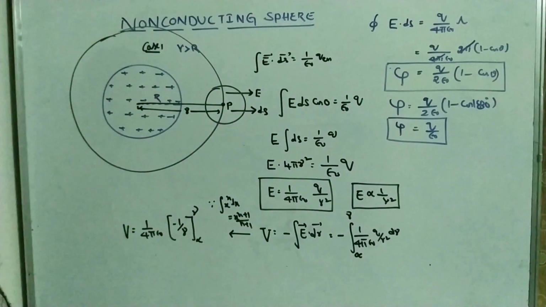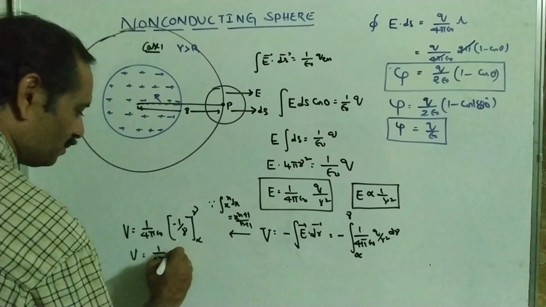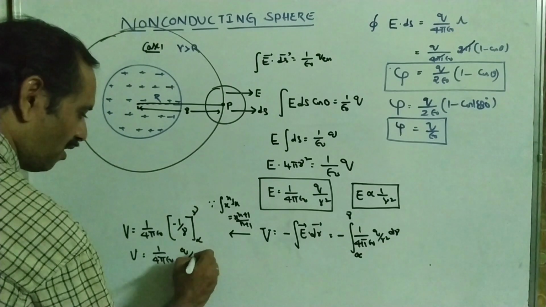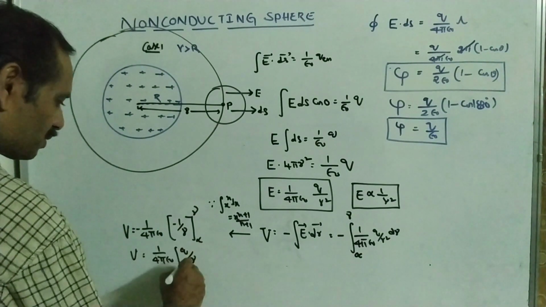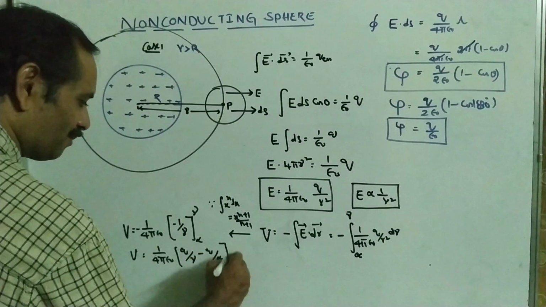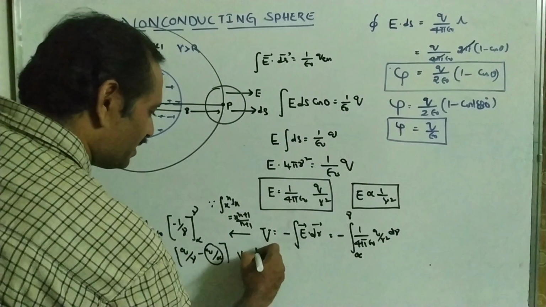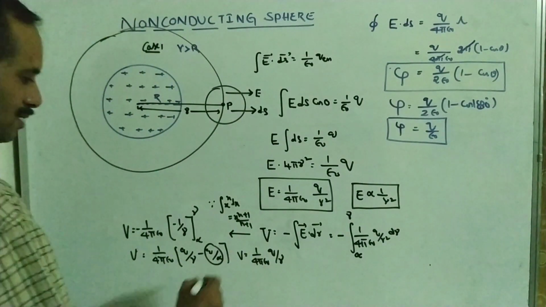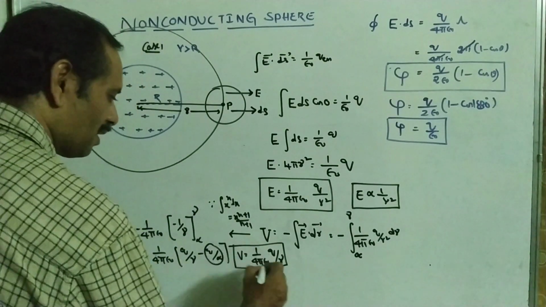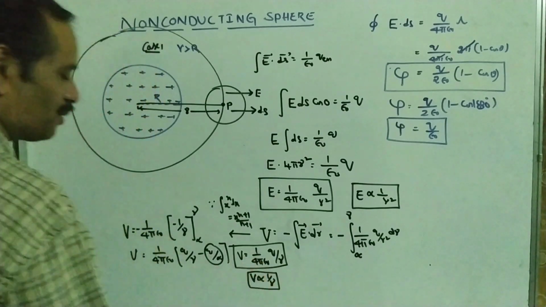That gives 1 by 4 pi epsilon 0 times Q by r minus Q by infinity. Q by infinity becomes 0. So the potential outside the sphere is 1 by 4 pi epsilon 0 Q by r. The conclusion is that V is inversely proportional to r.